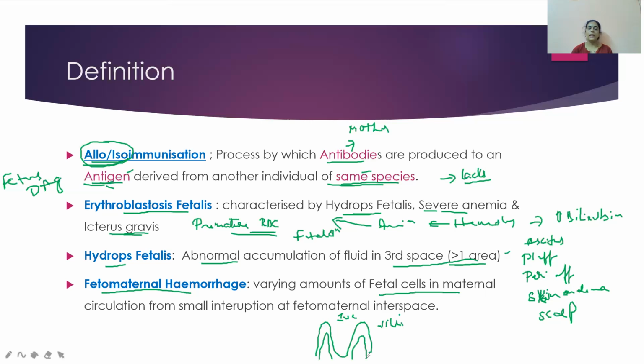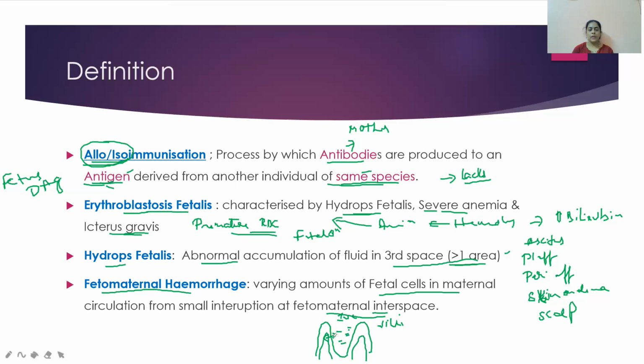So the fetal blood will be in this chorionic villi, circulating in the fetal blood vessels, whereas the maternal blood will be in the intervillous space. So there is no direct contact between maternal blood and fetal blood. It is through this barrier, the placental barrier, or the feto-maternal interface, through which the exchange of tissue occurs.